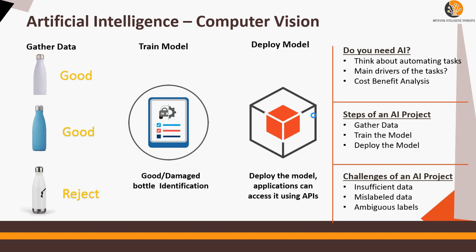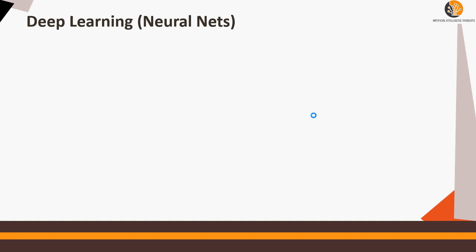Next is deep learning. I'm not going to take you very deep into deep learning. I'm just going to keep it at a very high level. And then we are going to do a separate video on deep learning itself. So algorithms that try to mimic neurons of the brain. We call that as activation node or activation function for neurons.